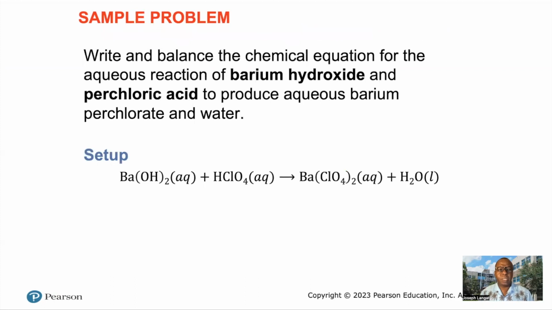Here is an example of a reaction between barium hydroxide and perchloric acid. I have bolded the barium hydroxide and perchloric acid just to let you know that you need to apply what you learned in the previous chapter. Naming of compounds, you should be well grounded in that. Barium hydroxide: how do I know this is barium hydroxide?